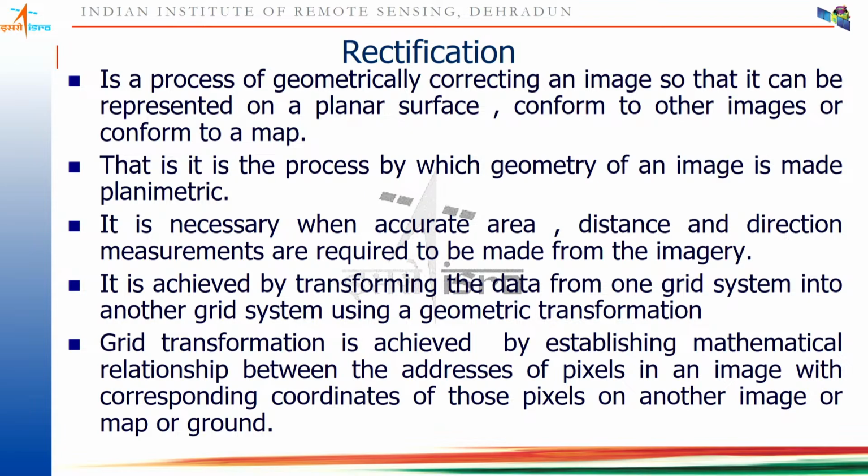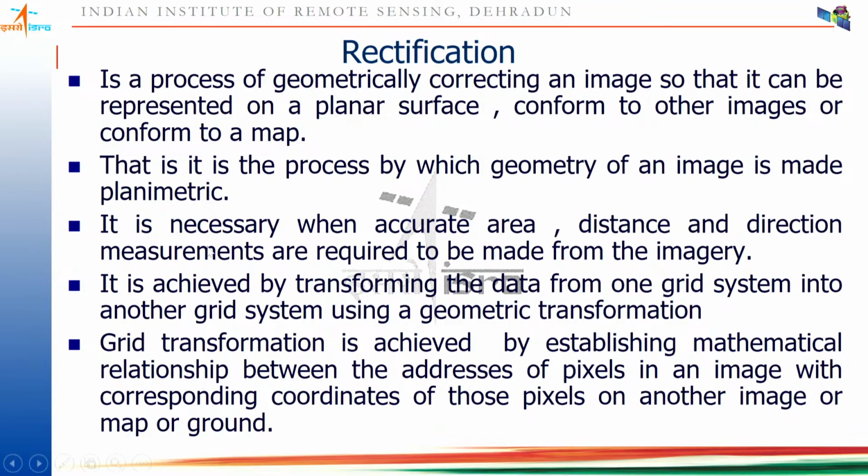Now my image, as mentioned, has indices of rows and columns. It's arranged in a matrix form. Whereas my ground data, my reference coordinates or maps, are in northings, eastings or latitude, longitude. That means there are two different grid systems, right?